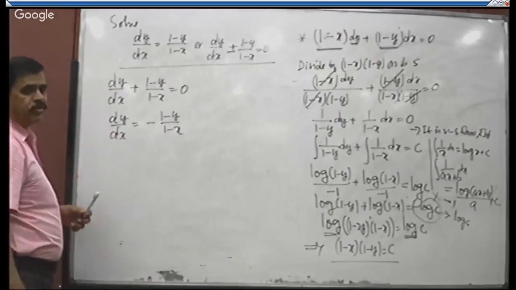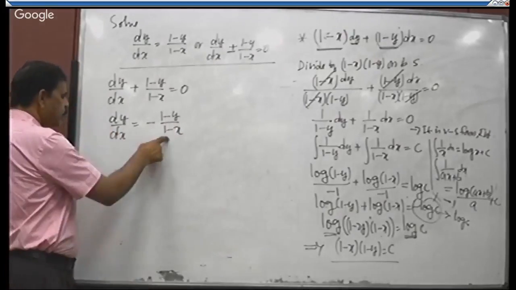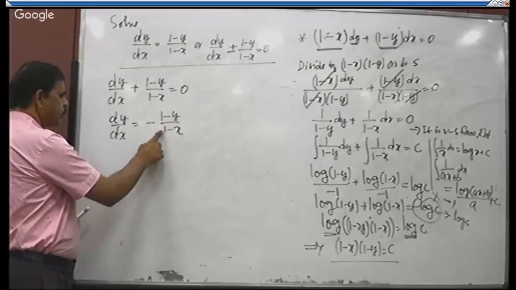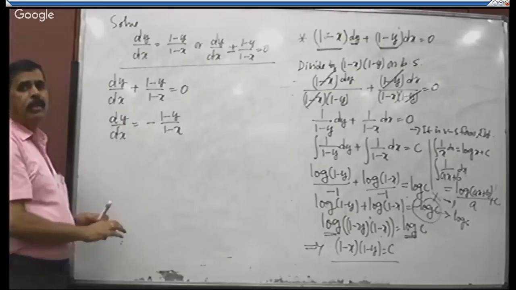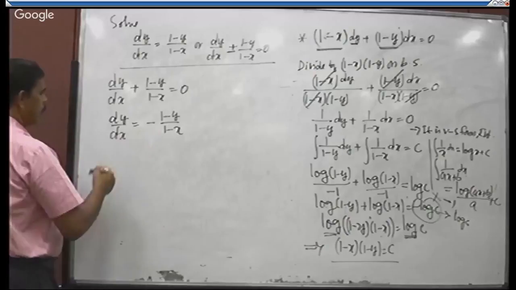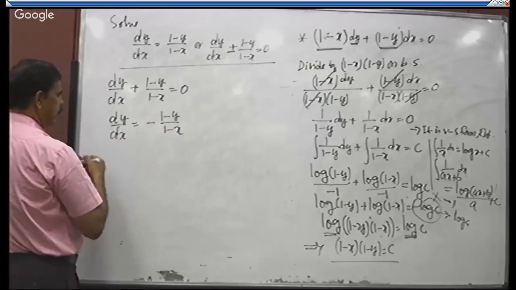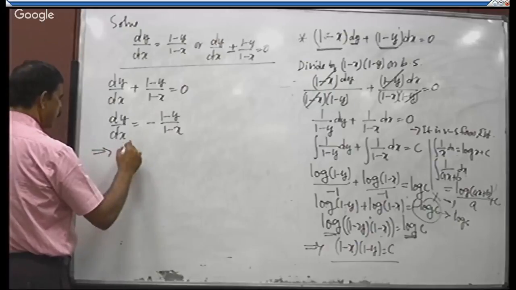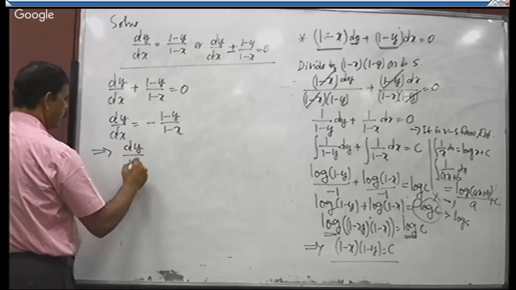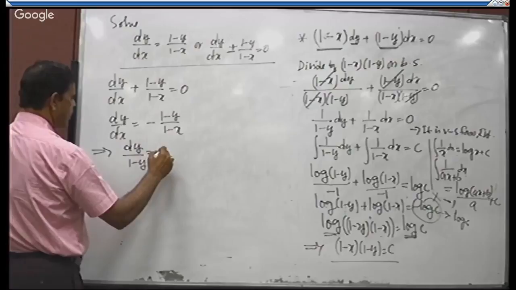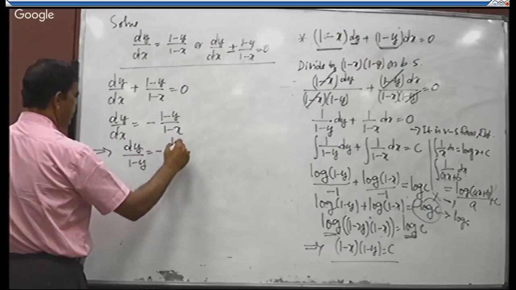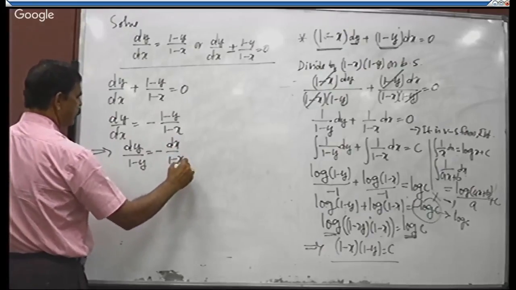There is a provision in mathematics, we can cross multiply, right? This into this is equal to this into this. I am just interchanging the denominator of the first and the numerator of the second. It will be in this form. See, dy/(1 - y) is equal to minus of dx/(1 - x).